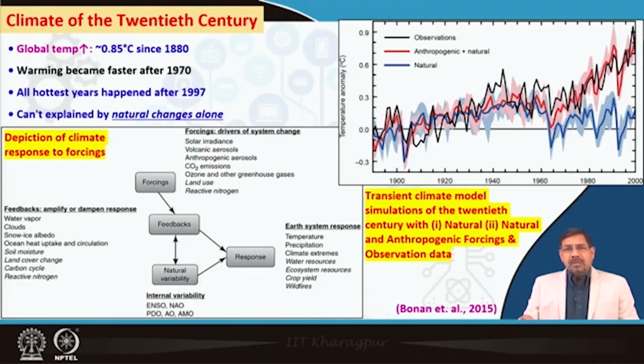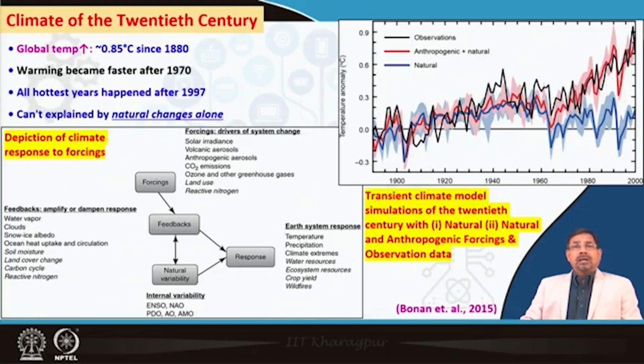The same trend has also been confirmed by different observations, as seen by the black curve. So, the transient climate model simulations of the 20th century with natural plus anthropogenic forcings and observation data do agree that the anthropogenic induced causes contribute to the recent climate change.